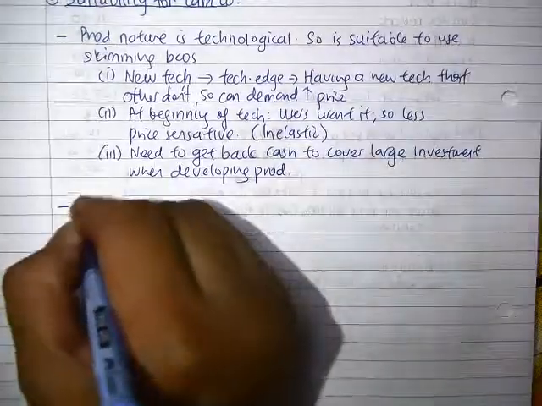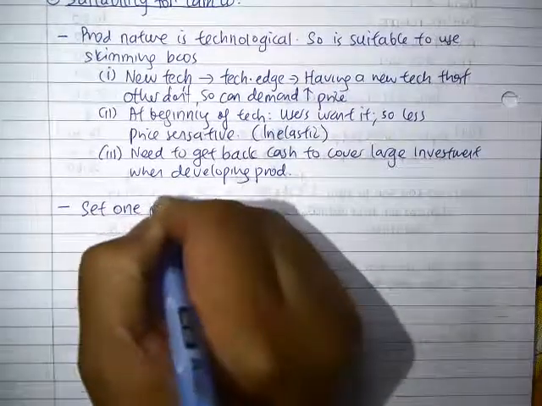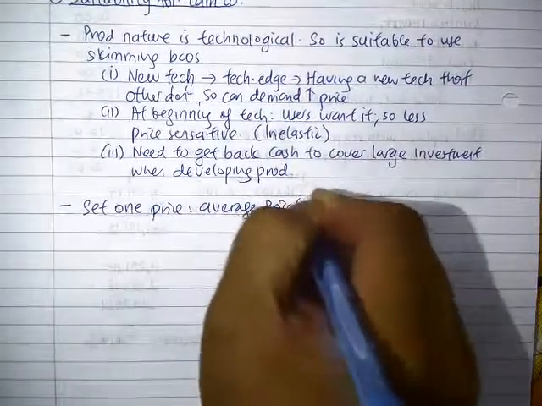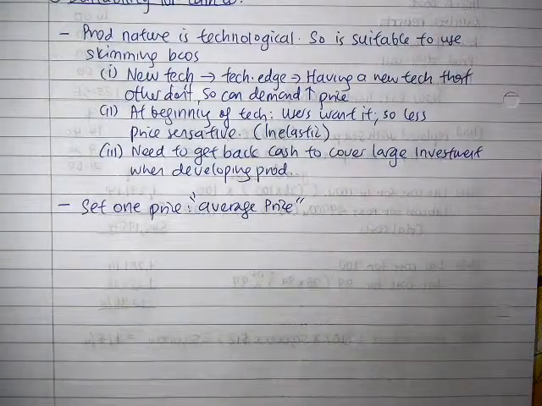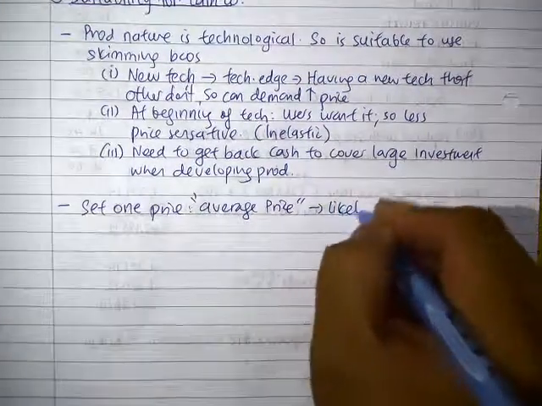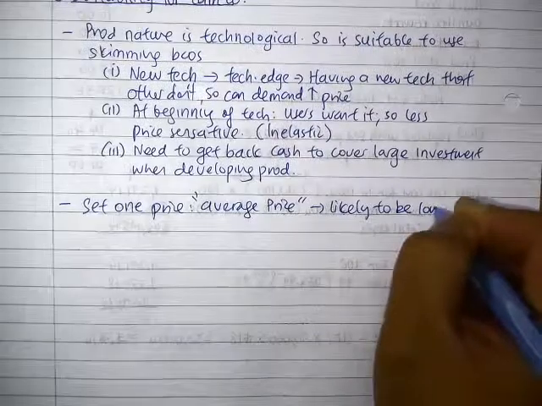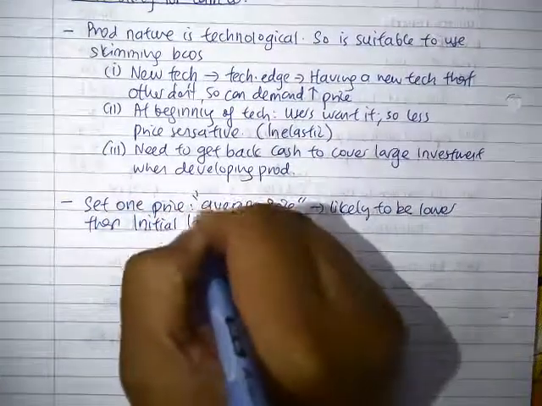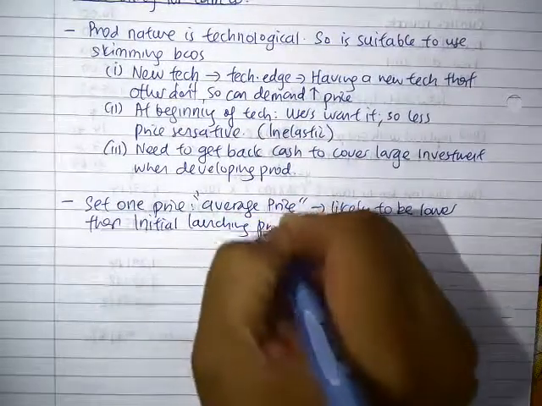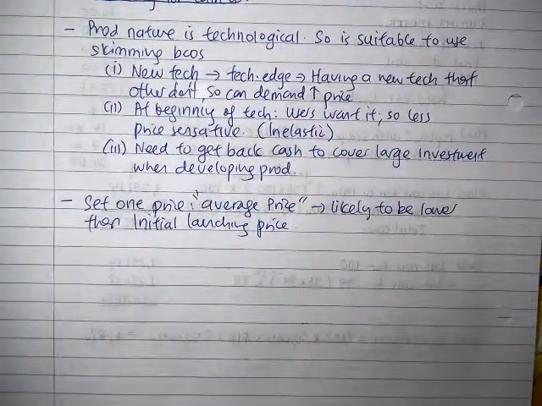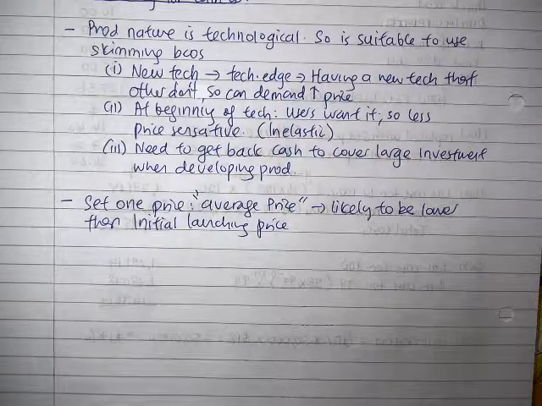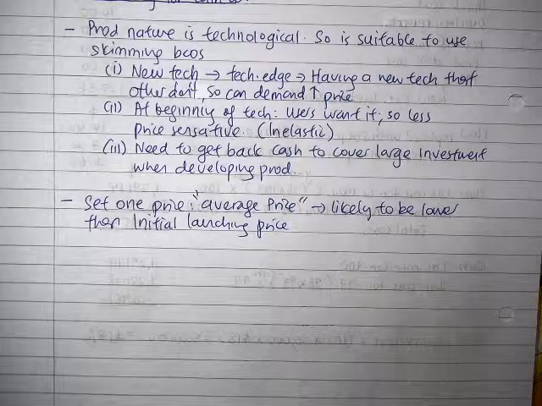Now, if you set only one price, that means an average price, which means it's likely to be lower than the initial launching price. Okay. So if your initial price is, let's say, 300, then you want to reduce it to 150. Probably now you sell 200 in between.